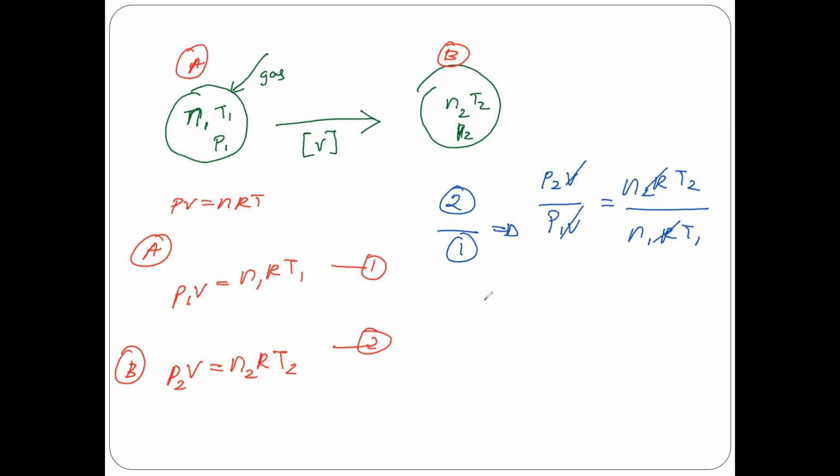So N2 is equal to P2 N1 T1 divided by P1 T2.